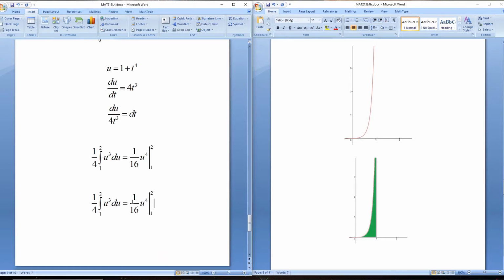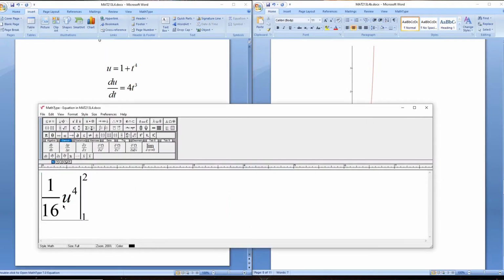And then the last step is to do the fundamental theorem of calculus, and remember that's F of b minus F of a. So we're going to plug b in first, that's the 2. So we're going to have 2 to the 4th, which is 16. That's F of b. And then we do minus F of a. So we take the function again, and now we're going to plug 1 into it.